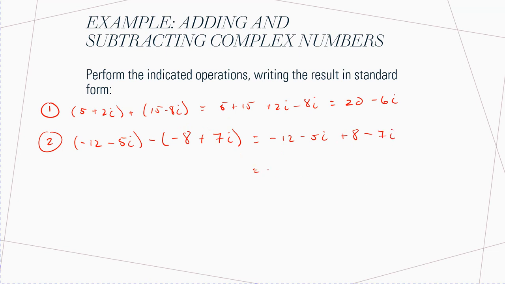Now I'm just going to rearrange: minus 12 plus 8, minus 5i minus 7i. Minus 12 plus 8 gets me minus 4, and minus 5i minus 7i gets me minus 12i. And that's very simply how you do addition and subtraction. A very straightforward process.